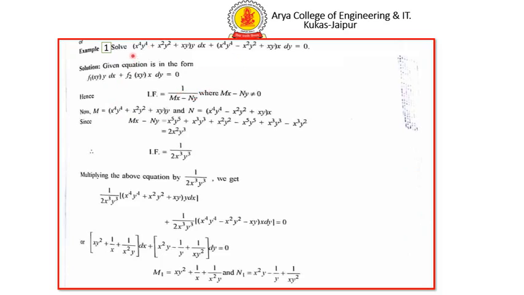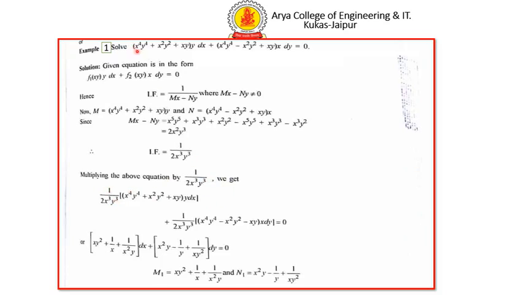We see that the given differential equation is in the form f(xy) y dx plus g(xy) x dy equals 0. So the integrating factor equals 1 upon (Mx minus Ny), and if we calculate it, we get the integrating factor 1 upon 2x cube by 2.